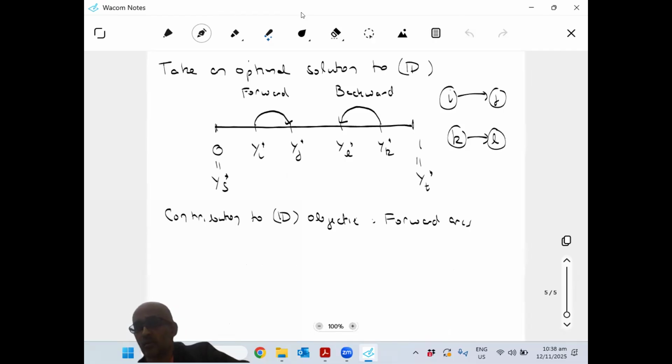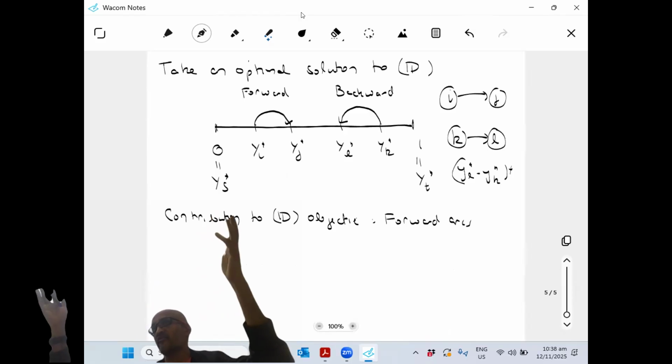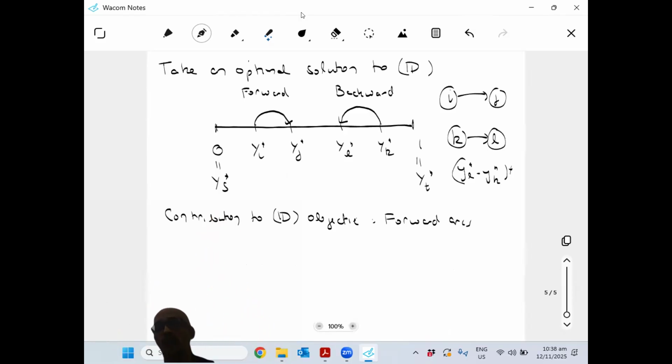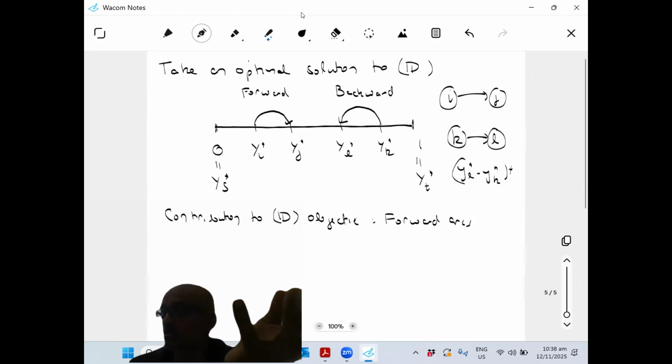But this will not contribute, because this should be yl minus yk positive, right? So only the forward arcs will contribute in the edge. My graph has edges, and wherever this dual variable is larger than this variable, it will contribute. Otherwise, it won't.